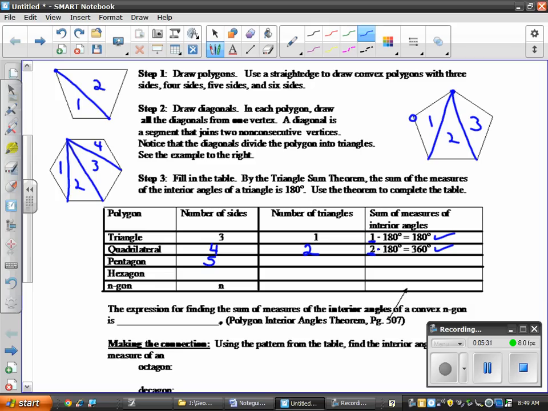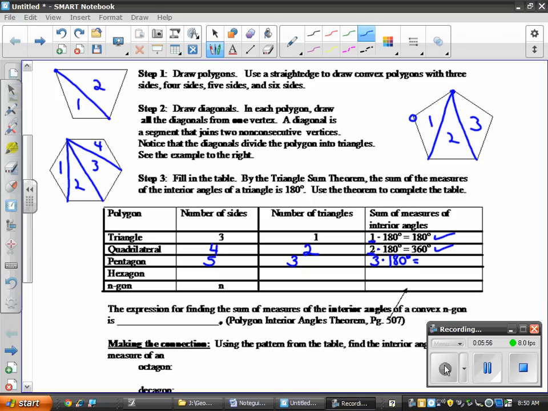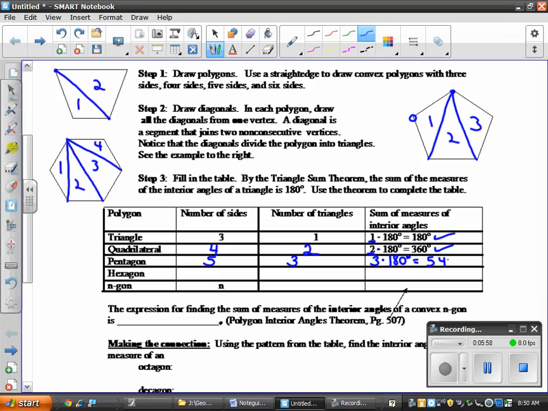And if you look over to the right here where the pentagon is, you notice that we have three triangles when we broke it up using our diagonals. And again, following this pattern, if we have three triangles, and each one of those triangles is 180 degrees, we can multiply 3 times 180, which is going to give us 540 degrees.